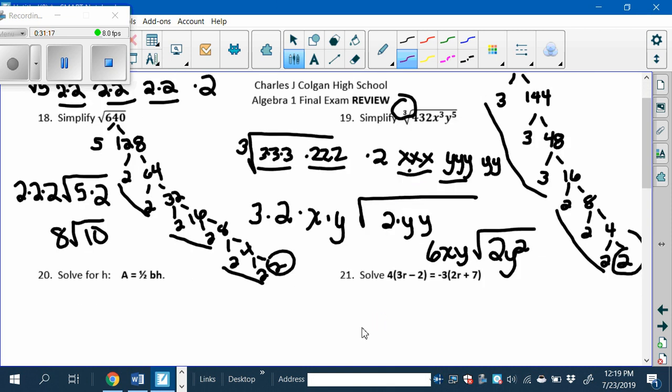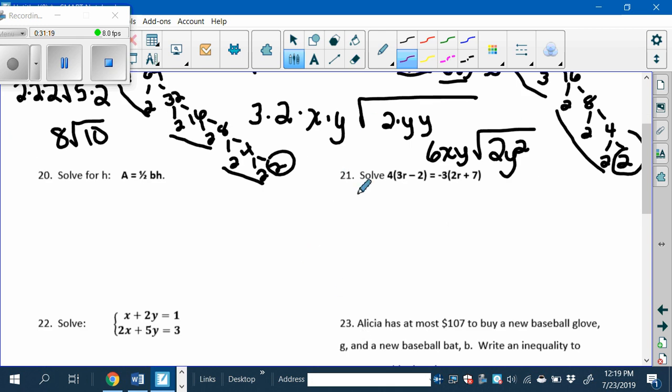Now we're solving for a variable when we have a literal equation. So if I have a equals 1/2 base times height, and I want to solve for h, the first thing I'm going to do is try to get rid of this fraction. So I'm going to multiply everything by 2. Then I get 2a is equal to b times h.